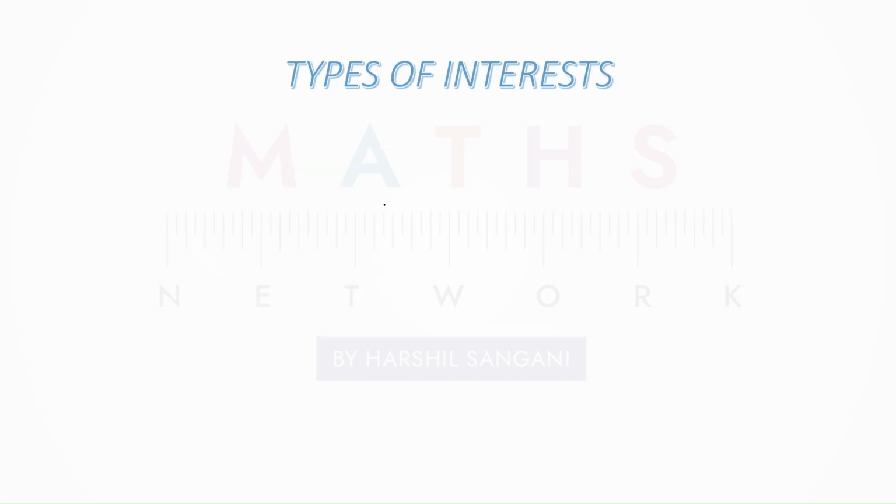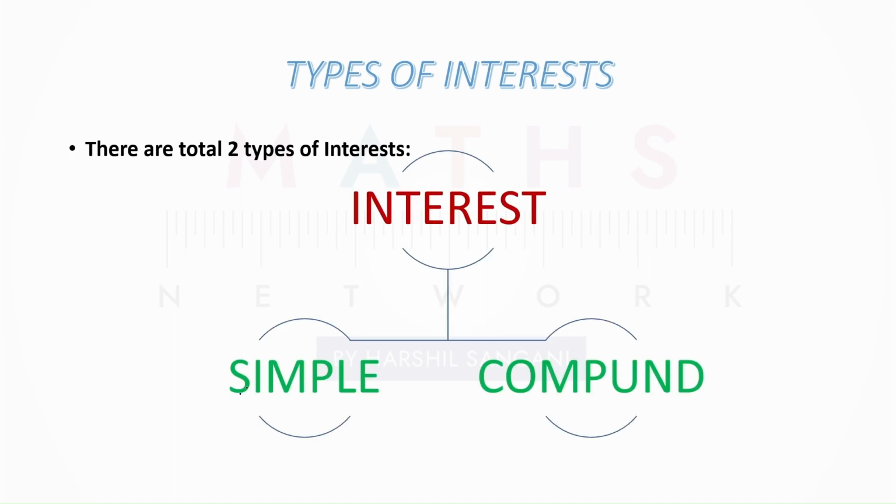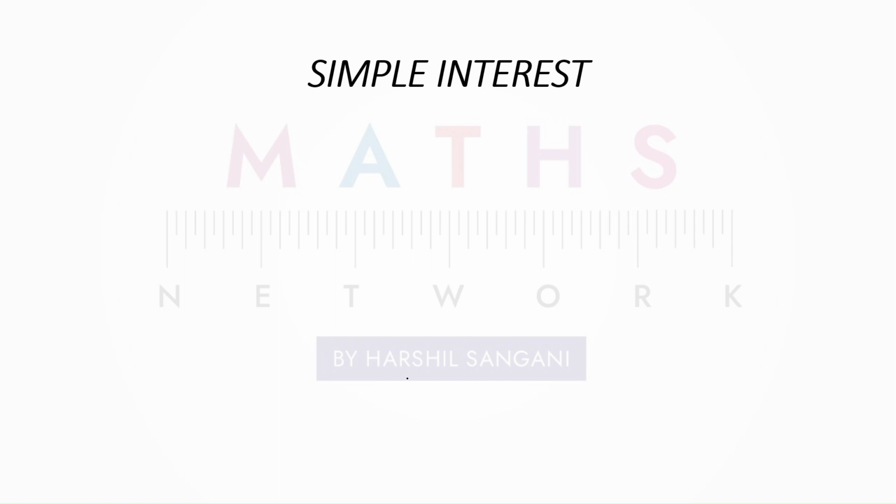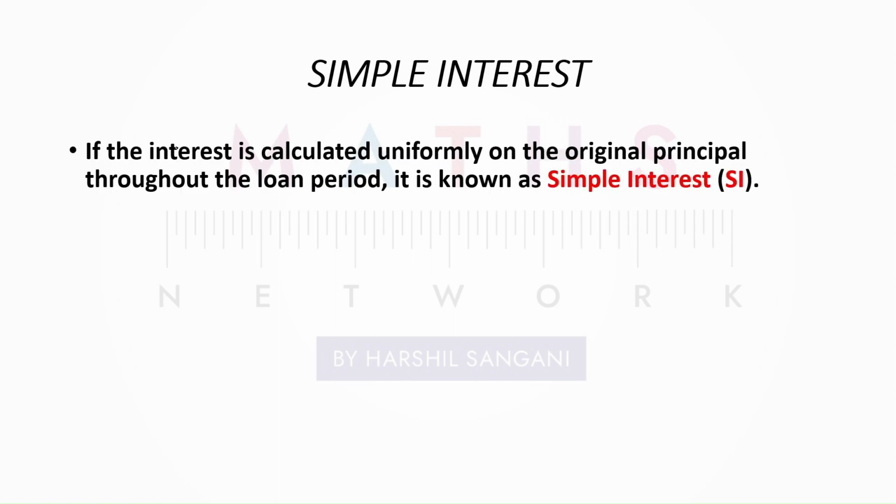Now, let's take a look at the different types of interests. There are in total two types of interests: simple interest and compound interest. First, let's take a look at simple interest. If the interest is calculated uniformly on the original principal throughout the loan period, it is known as simple interest, generally denoted by SI.